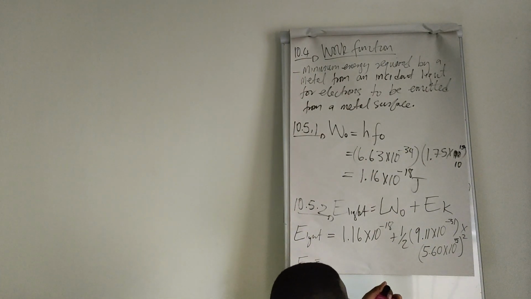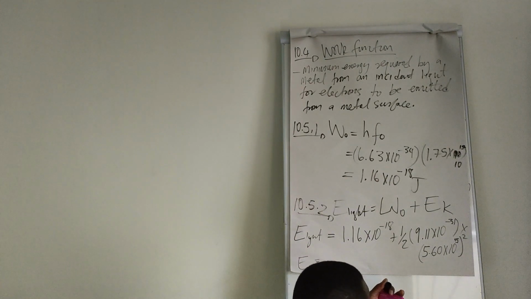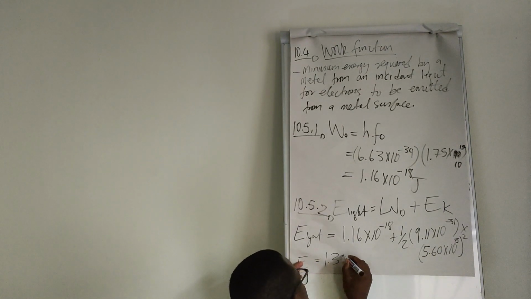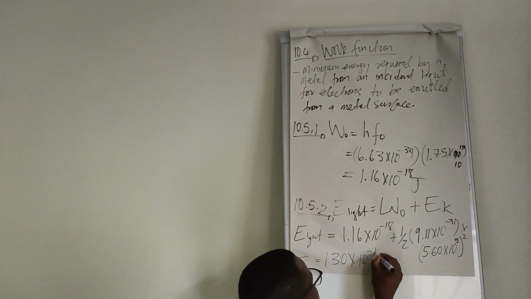So we say 1.16 times 10 to the power minus 18 plus 0.5 times 9.11 times 10 to the power minus 31 times 5.6 times 10 to the power 5, all squared, which is 1.30 times 10 to the minus 18 joules.